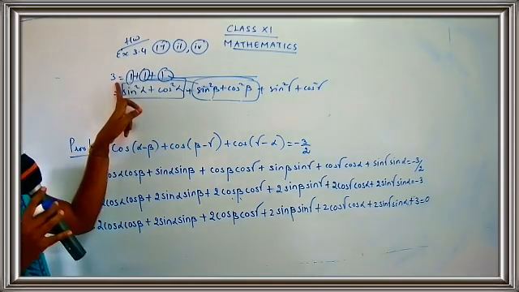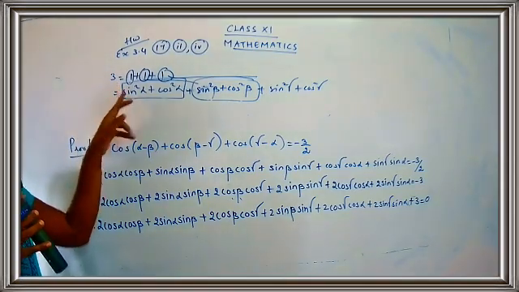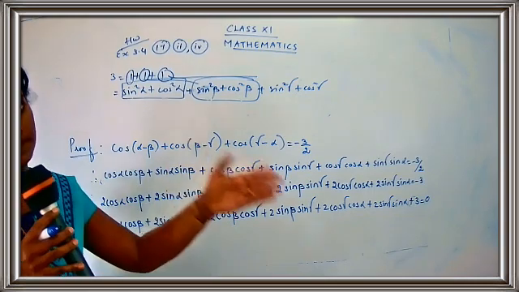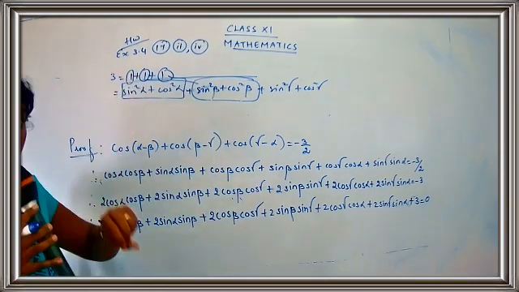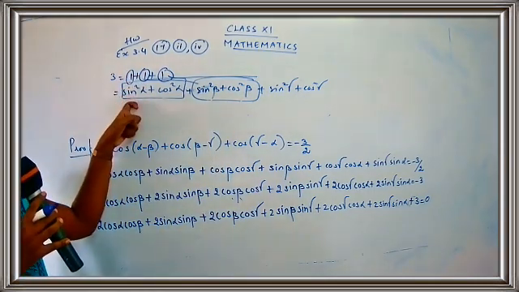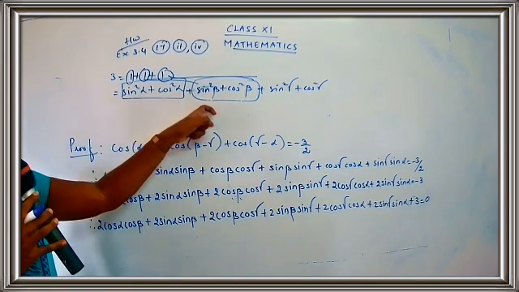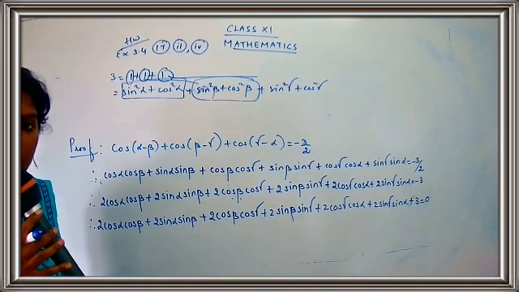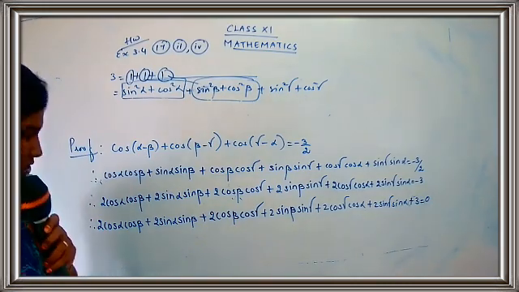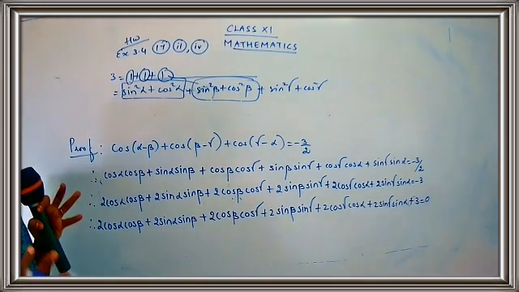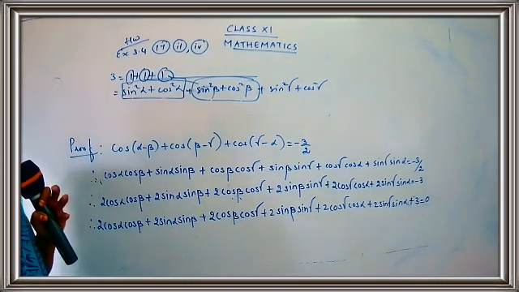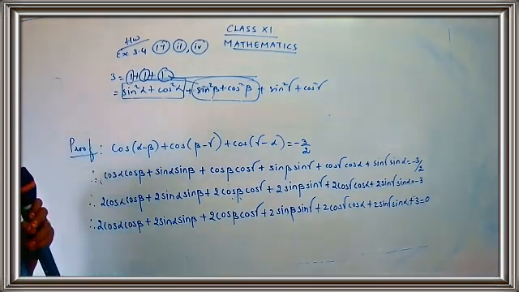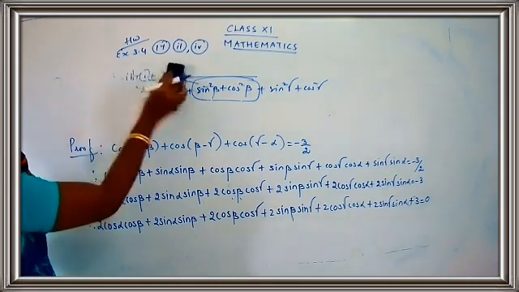So you're going to split 3 as 1 plus 1 plus 1, and change each 1 as sin square alpha plus cos square alpha, sin square beta plus cos square beta, sin square gamma plus cos square gamma. Are you clear, children? Now, shall we do the change? Now you will have many terms, so be careful. Do not miss any terms. I'm just going to continue the next step over here, children.